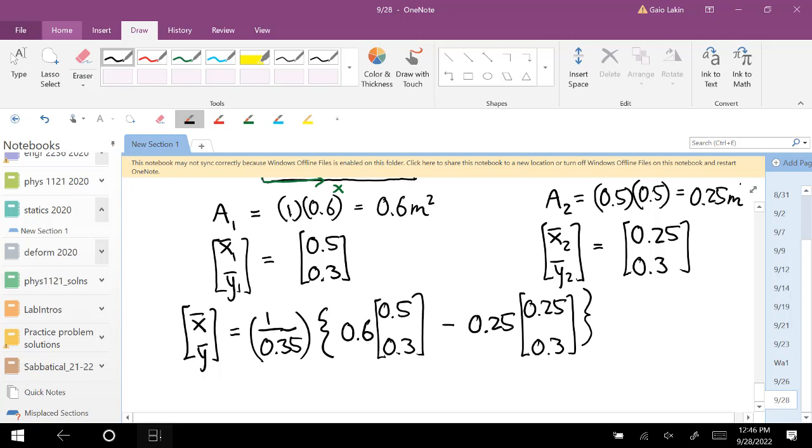Since both of these two pieces have the same y centroid, we know that's what it's going to be. We didn't have to calculate that anyways because of symmetry, but I did. So let's see, 0.3. So I got 0.68. Anyone else get that? Okay, so this is 0.68, 0.3.